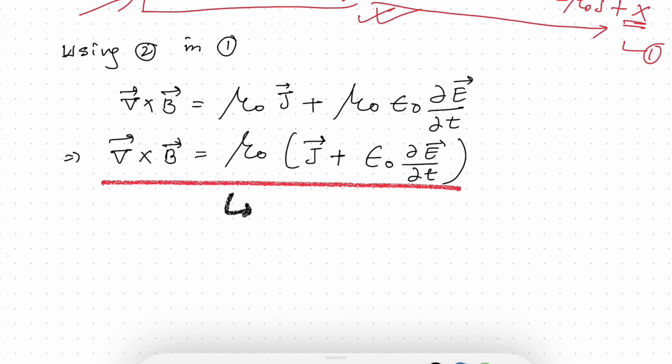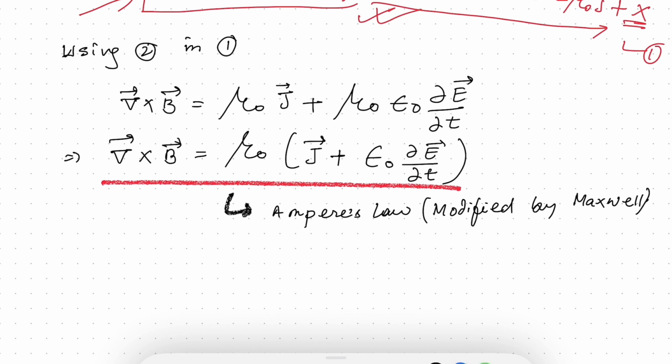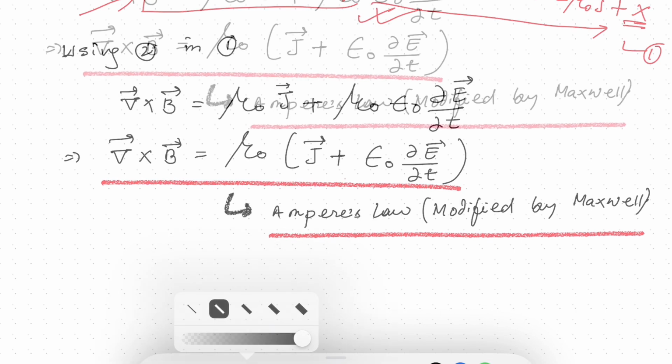This is the Ampere's law modified by Maxwell. And from this modification, the concept of displacement current comes.